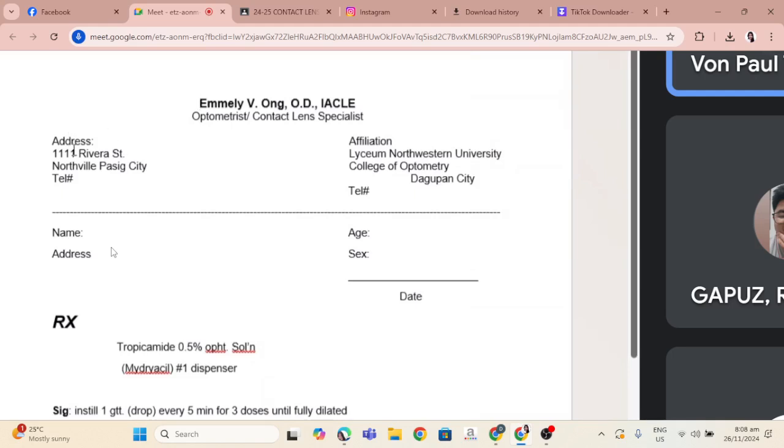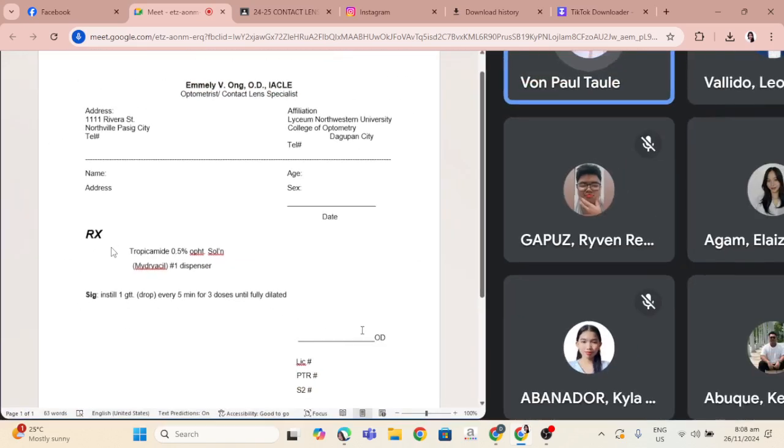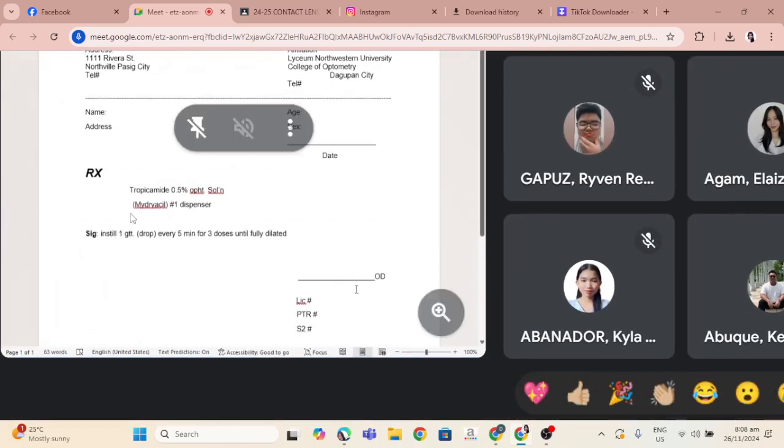So under here, we also have your practitioner's address, and dito sa bottom portion will be yung contact numbers. License numbers and PTR numbers, S2 numbers are usually seen here, down here. And of course, yung signature niya andito sa area na to. This portion here on the lower right.